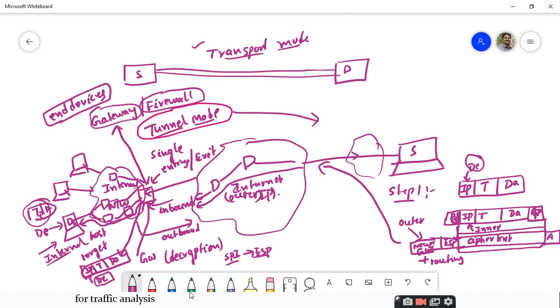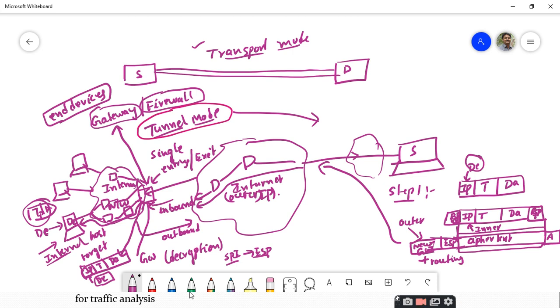The entire IP, which consists of the DE, the inner IP, TCP and data, will be encapsulated inside this ESP header and ESP trailer, and we know that the inner IP, TCP and data will be encrypted to represent the ciphertext. That ciphertext along with the ESP and the new IP header will be transmitted over the internet.